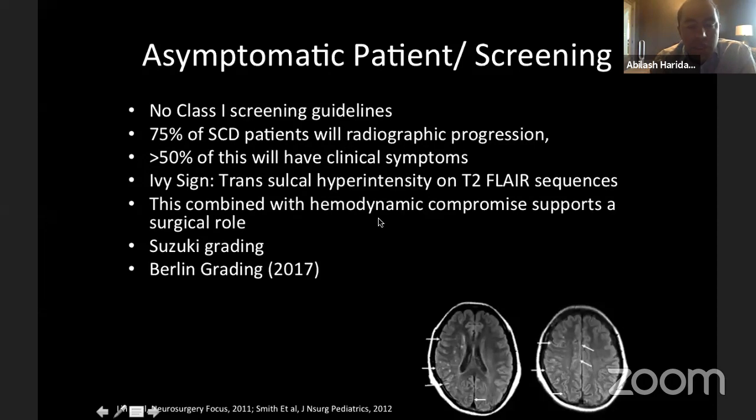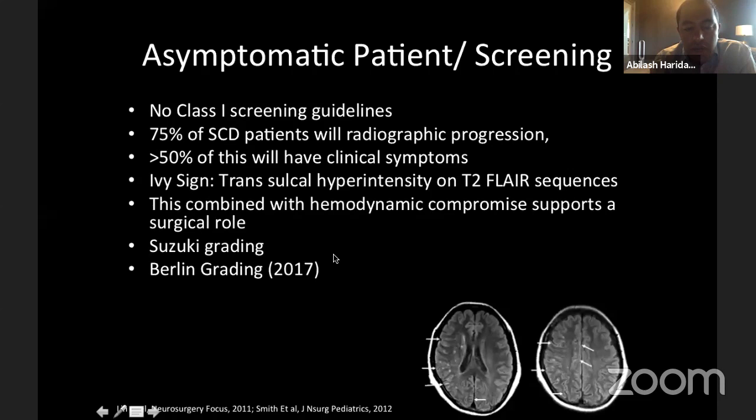have symptoms. So this is called the IV sign, where you have these flare. This is a flare study showing the T2 hyperintensity around the sulcus, and this is usually a very good sign to look for if someone is potentially going to have a stroke.